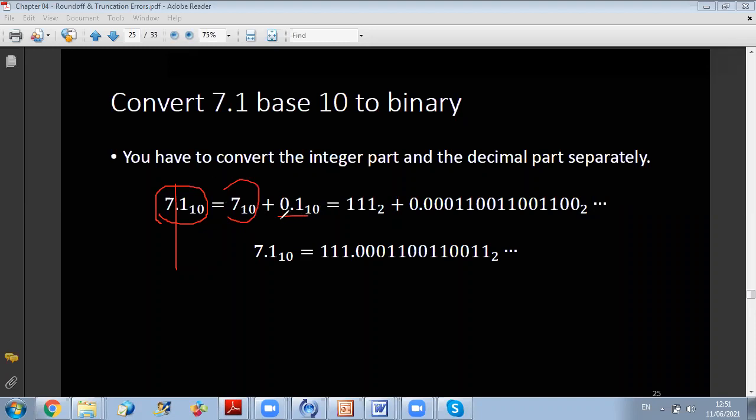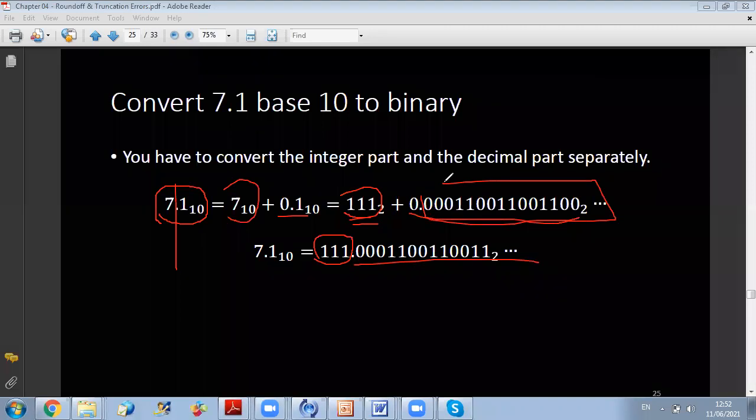I know that 7 in base 10, I can calculate it, or with experience, I will know what it is. Here it's 111. And for 0.1, I have just computed it. When you add them, the part before the decimal point will be the integer part, and the part after the decimal point is this one.